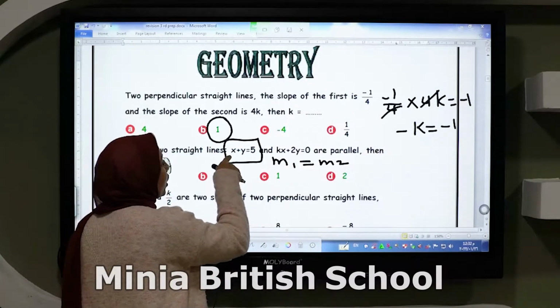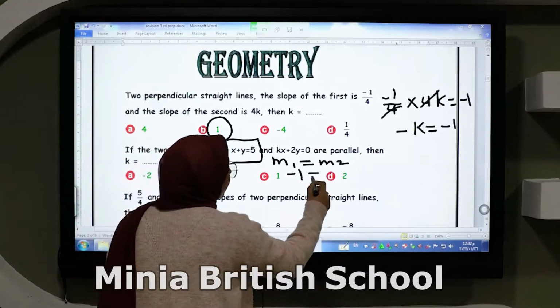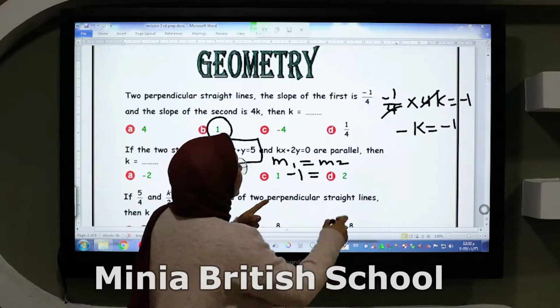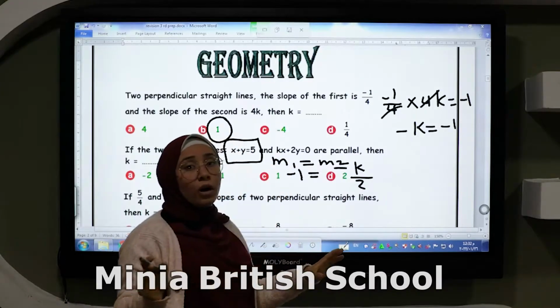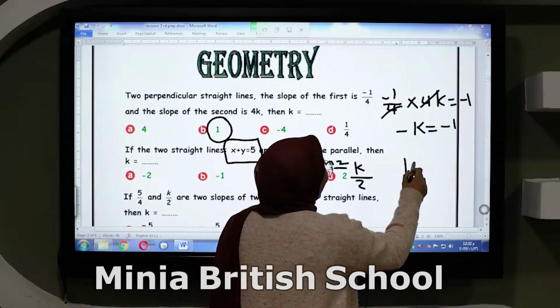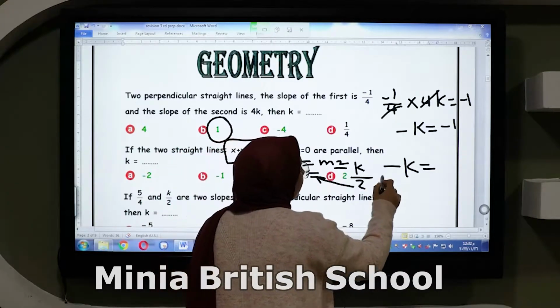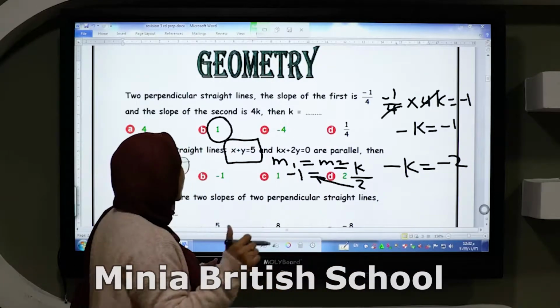So -1 over 1 equals -1. Here, negative coefficient in x, -k, divided by 2, coefficient in y. Then -k equals -2. Then k equals 2.